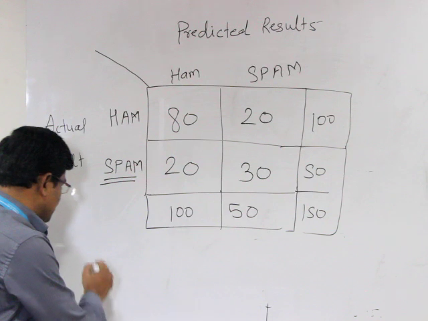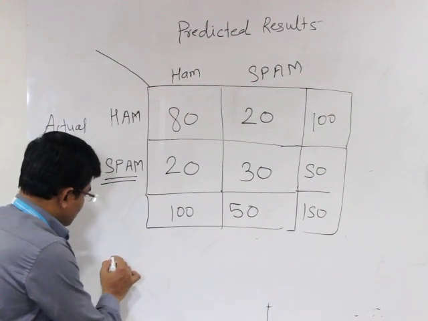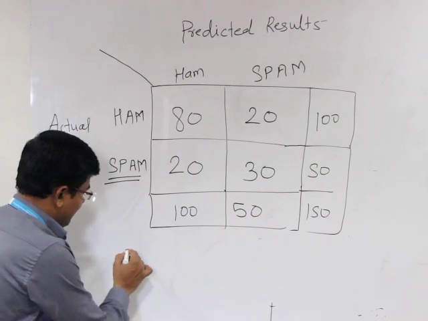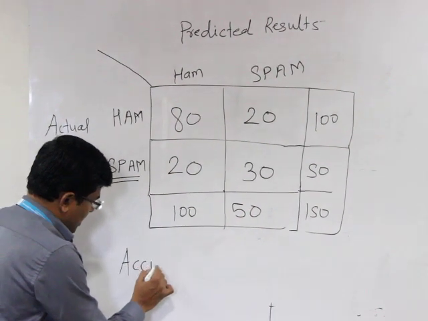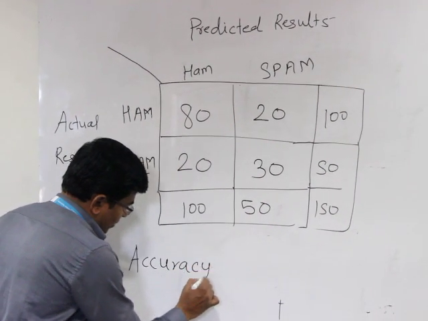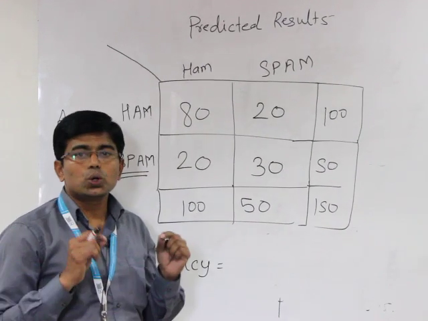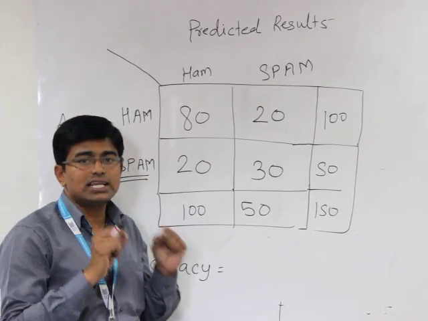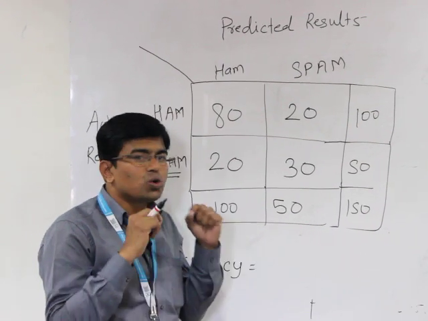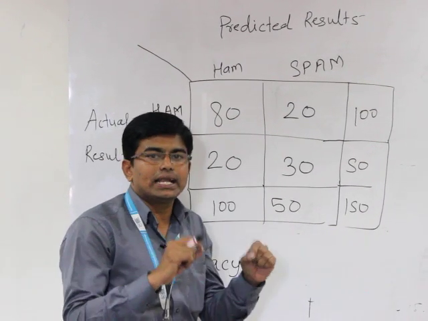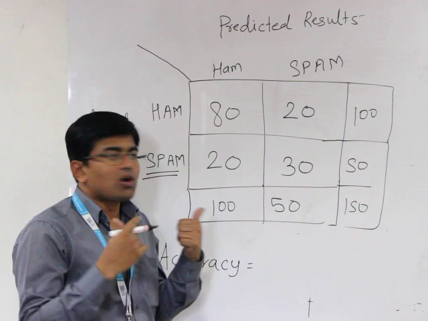So let's analyze the performance of our classifier by using accuracy. Accuracy is nothing but total correctly classified instances over all instances.